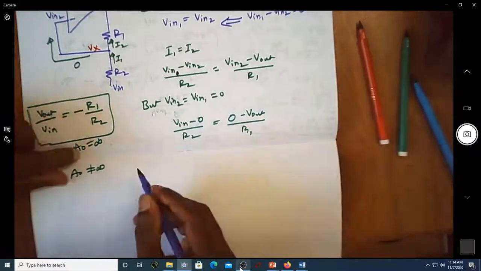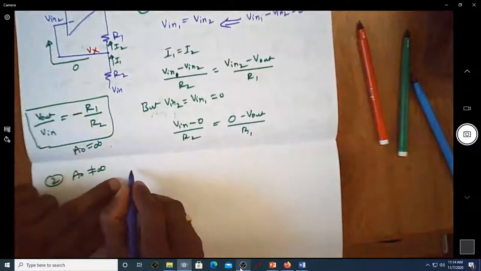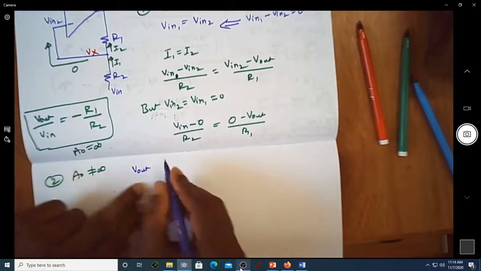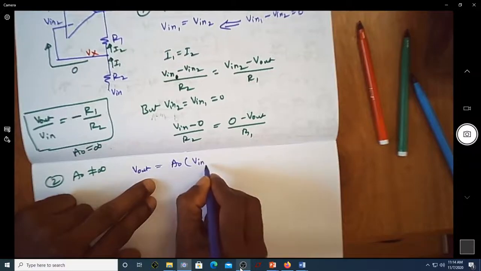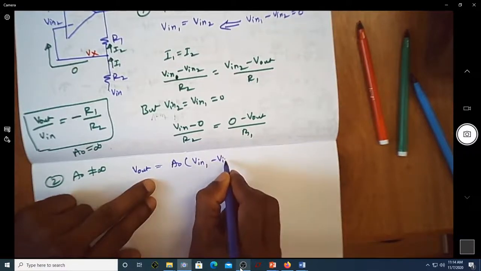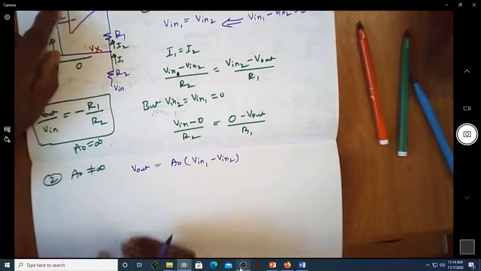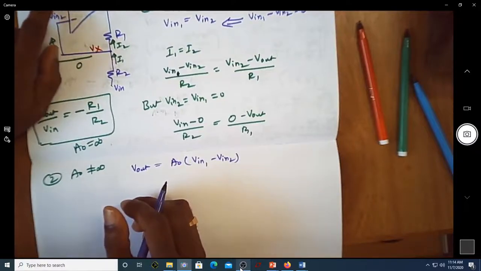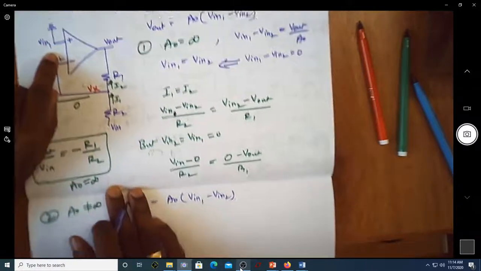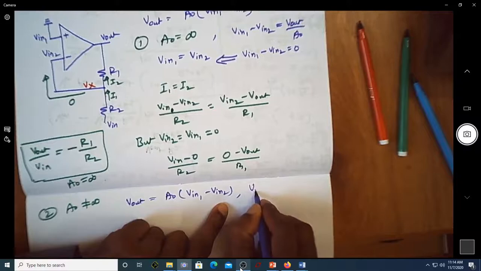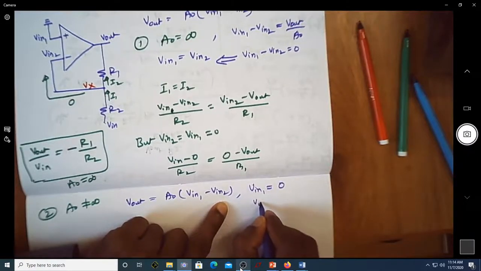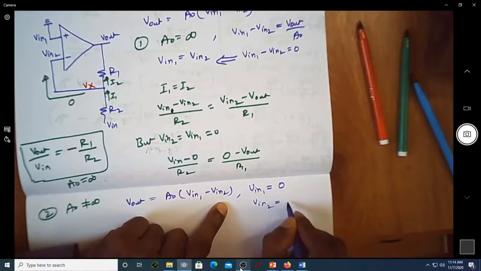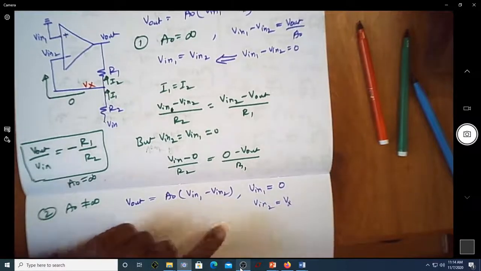So I will write this expression. We have V out equal to A0 into (V in 1 minus V in 2). What is V in 1 here? V in 1 is grounded, so I will write V in 1 equal to 0. Let me write V in 2 as equal to some potential Vx.